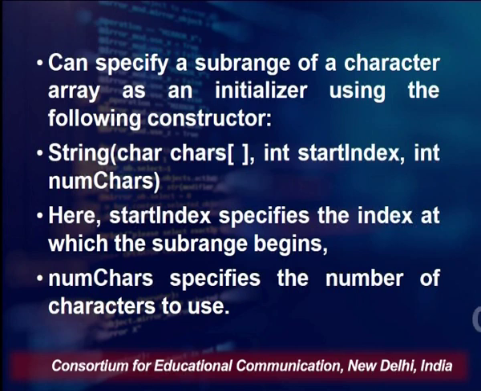The first parameter is the array, chars, and then the starting index and the number of characters. So, that means one is the character array followed by 2 integer variables, the first integer variable gives the start index and the second gives the number of characters.